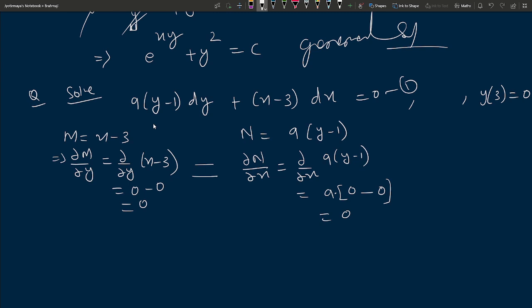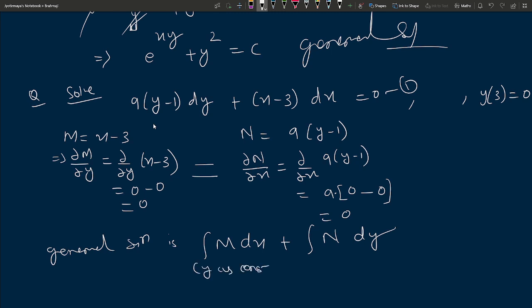Now give it equation 1. So its general solution is given by integration m dx plus integration n dy. Y is a constant, and here terms without x.